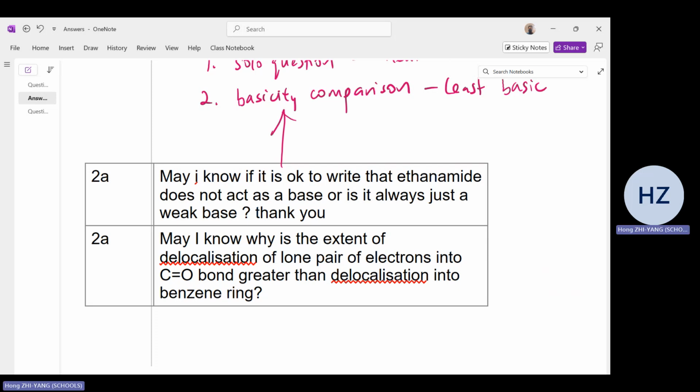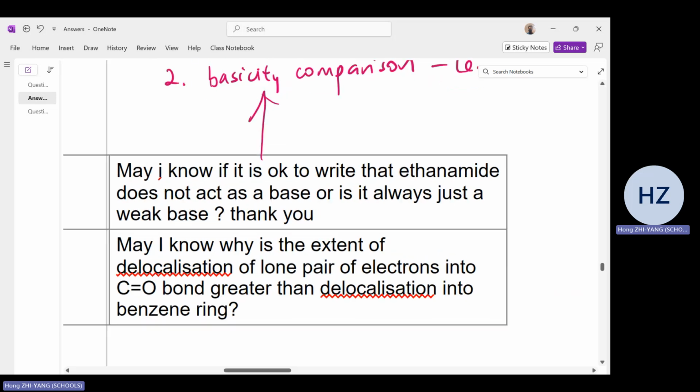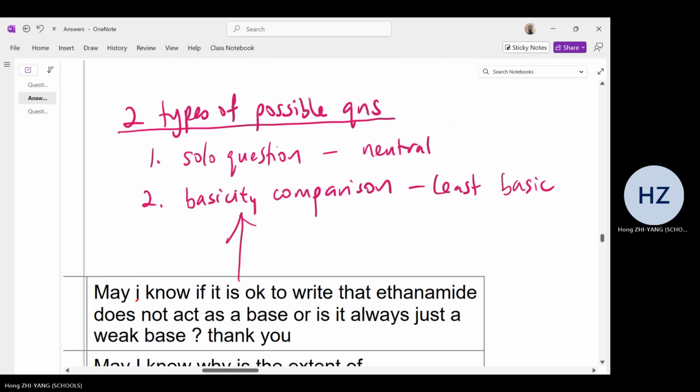The problem is, should I see this as neutral, i.e. does not act as a base, or should I see this as a weak base? Here's our official stand on how you should answer it. If the question forces you to compare it as a base with other amines, you treat it as the least basic compound, even though you know it's neutral.